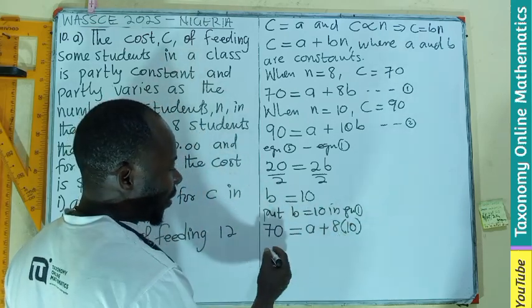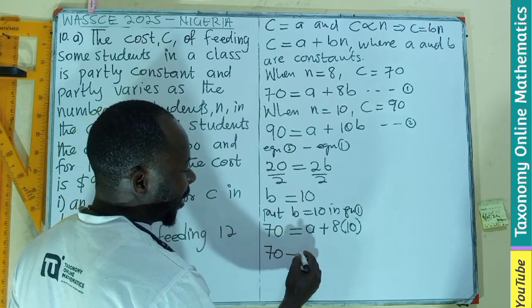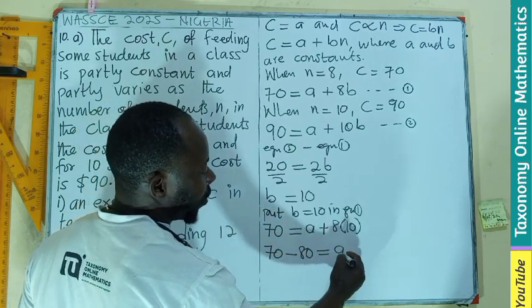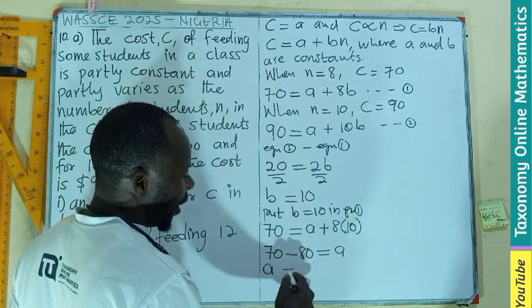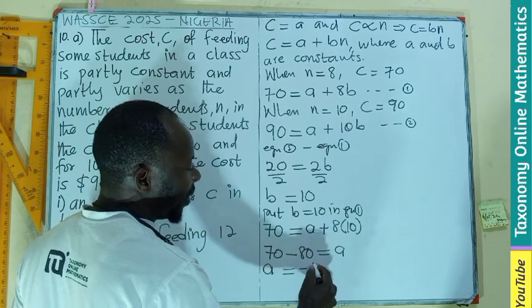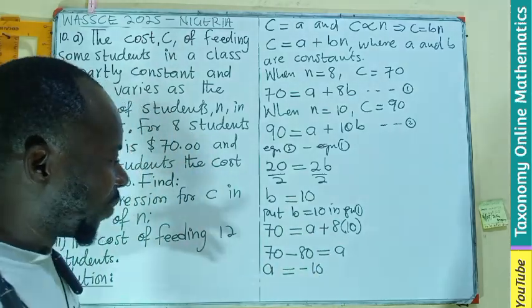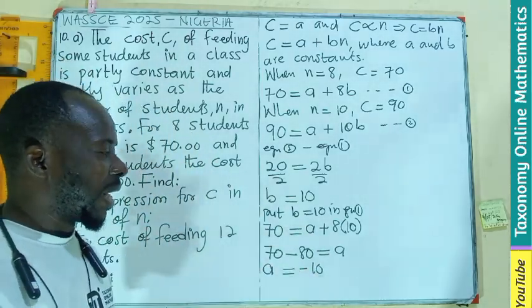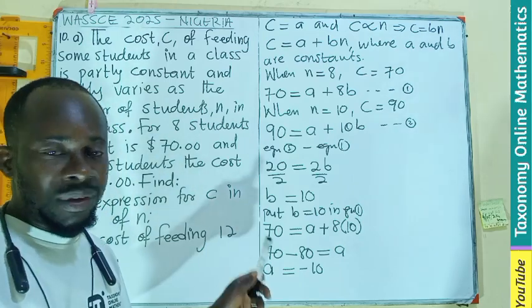That makes this 80. So 70 minus 80 equals A. Now A is going to be negative 10. So the first constant, which is A, is negative 10. The second constant is going to be a positive 10.